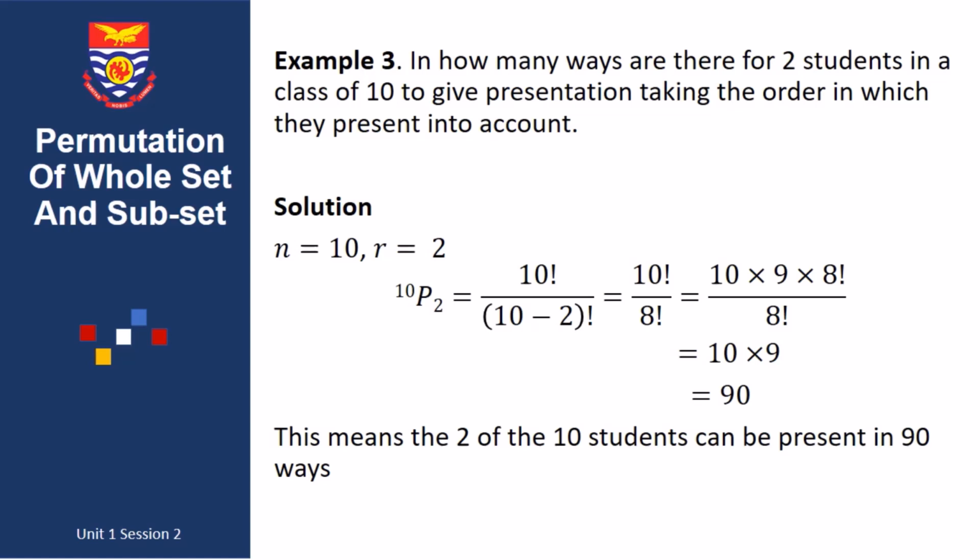And as we said earlier, permutation has to do with arrangement, where order is very important. So with this task, what will be our solution? We could identify that n is 10 and r is equal to 2. So that will give us 10 permutation 2, and that will result in 10 factorial all over (10 minus 2) factorial, giving us 10 factorial over 8 factorial.